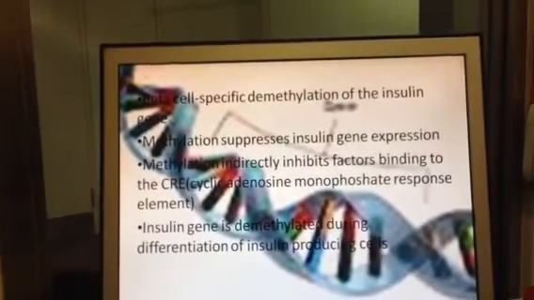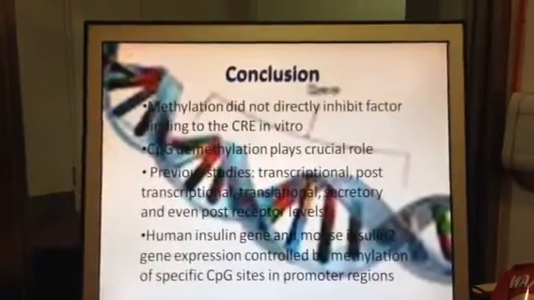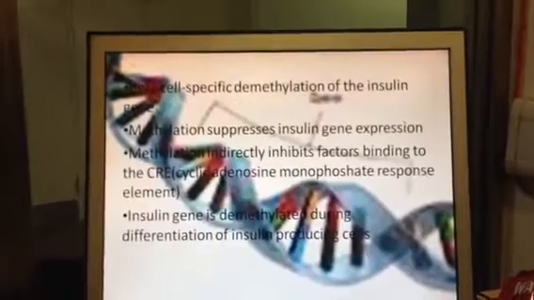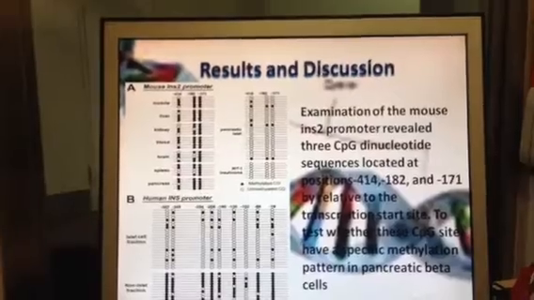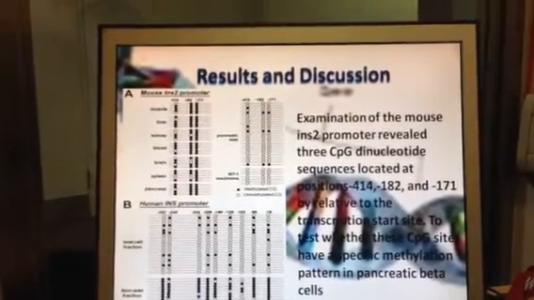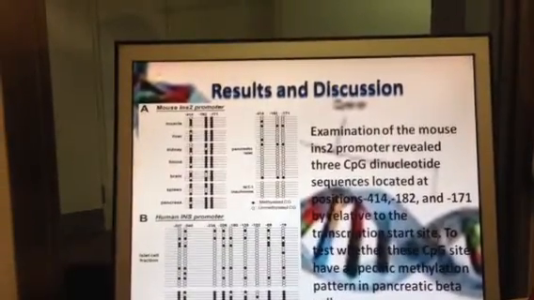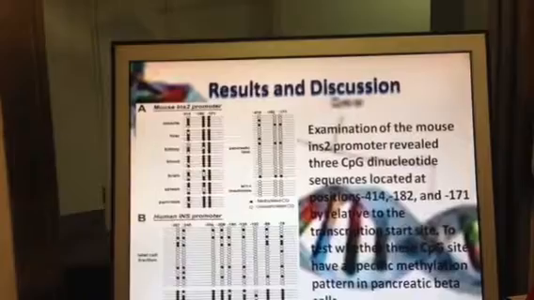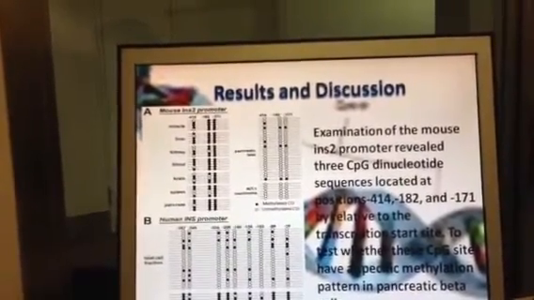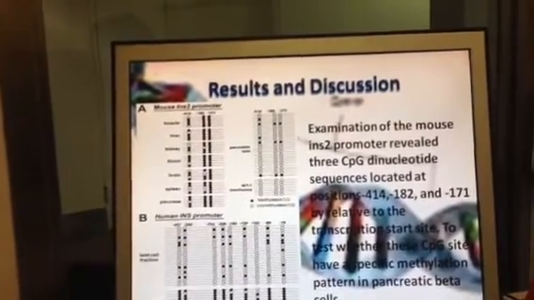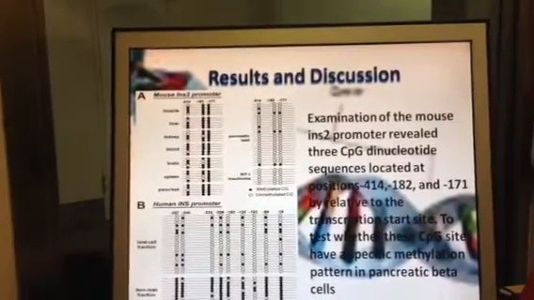As shown in diagram B, the insulin promoter in the insulin producing human beta cell fraction is unmethylated, but it is predominantly methylated in the beta cell depleted fraction. This result demonstrates that the adult human and mouse insulin gene promoter exhibits a tissue-specific pattern of DNA methylation.